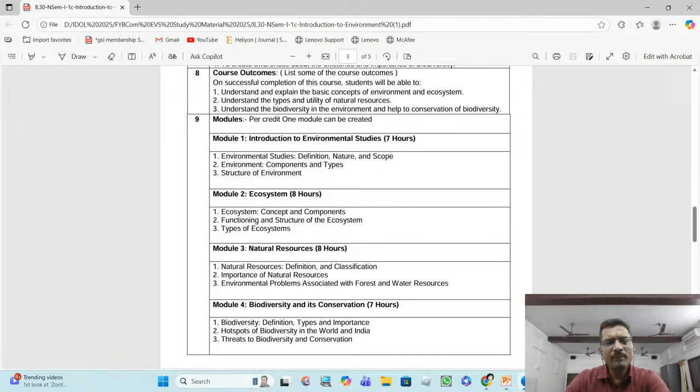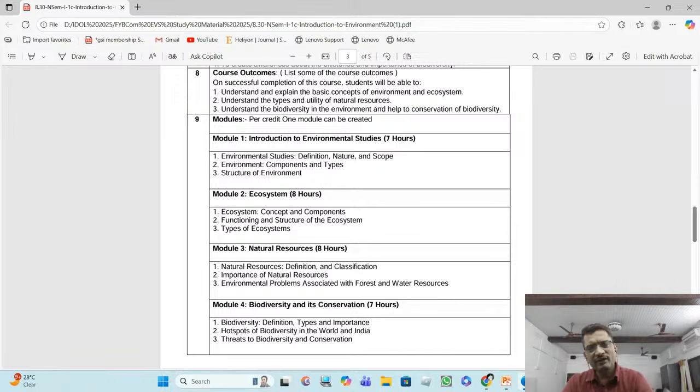And when we talk about flow of energy in the ecosystem, it is necessary to understand that the flow of energy in the ecosystem occurs through food chain or food web, wherein one organism is food for the other organism.